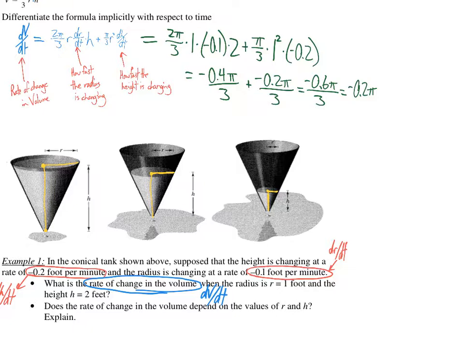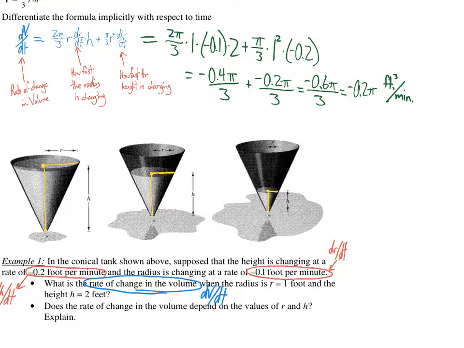Feet are our units of measure, so in volume we'd be talking about cubic feet. So cubic feet per, what's our unit of time? Minutes. So cubic feet per minute. That's how fast the water is coming out of this cone at that moment.